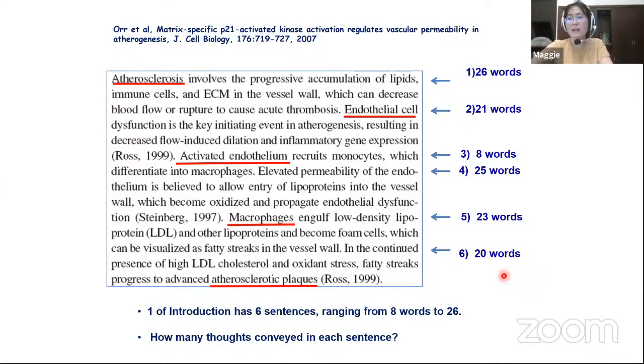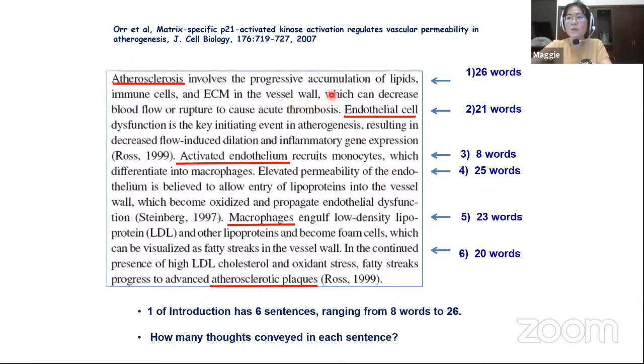For example, let's read the first sentence. Atherosclerosis, that's the name of the disease, usually involves clots in the vessel, so the vessel is blocked and causes further side effects in our body. "Atherosclerosis involves the progressive accumulation of lipids, immune cells, and extracellular matrix in the vessel wall."